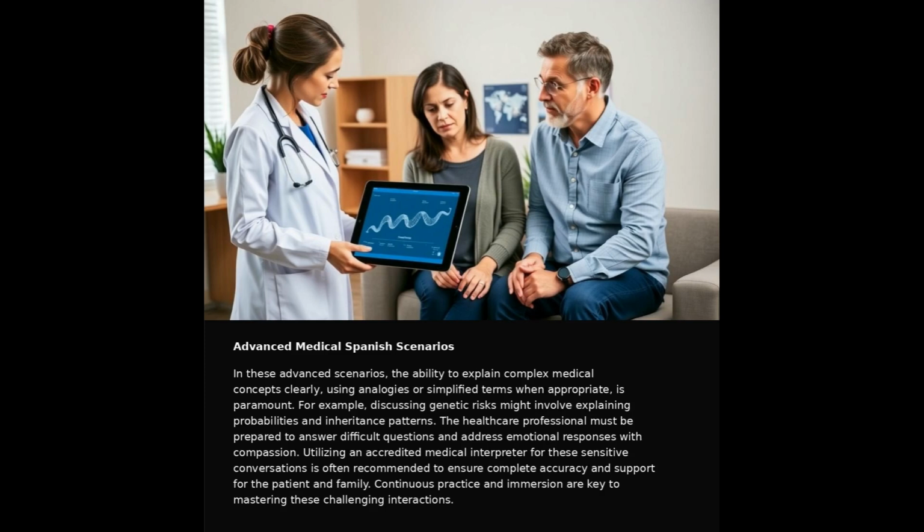The healthcare professional must be prepared to answer difficult questions and address emotional responses with compassion. Utilizing an accredited medical interpreter for these sensitive conversations is often recommended to ensure complete accuracy and support for the patient and family. Continuous practice and immersion are key to mastering these challenging interactions.